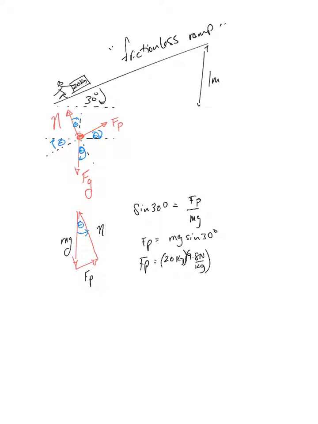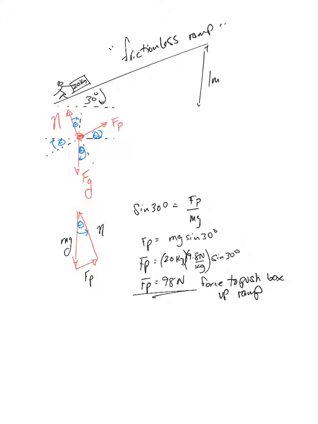That's our gravity field. Sine 30 degrees. So that's going to get me about 98 newtons, right? So this is the force to push the box up the ramp. And it's a frictionless ramp.